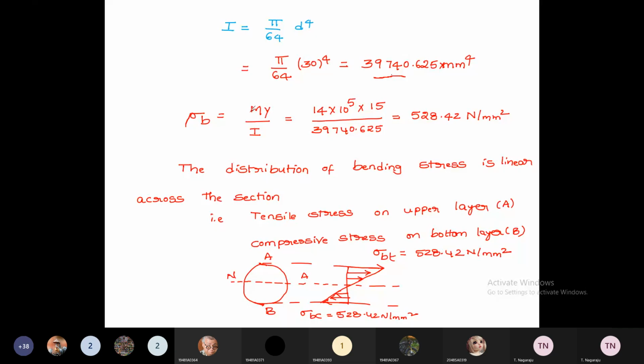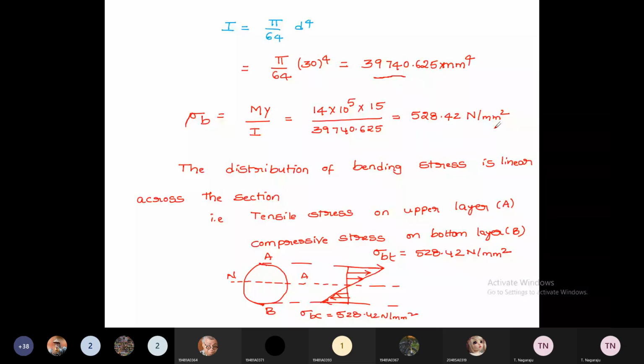Bending stress is equal to M y divided by I. The bending moment calculated is 14 into 10 power 5, and the y value is 15. With the moment of inertia calculated, the bending stress comes to 528.42 Newton per mm square.